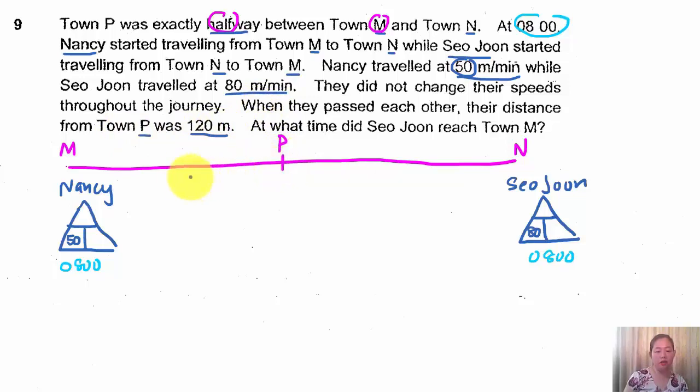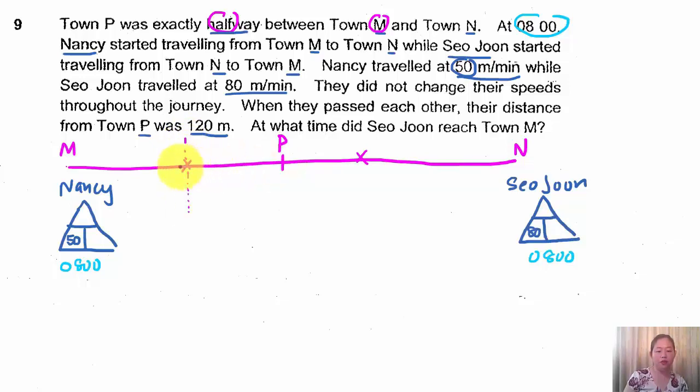So we have to decide, where is P? Is it here or is it here? The clue is that Nancy is slower than Seo Jun, because this is 50 and this is 80. So definitely they are meeting here.